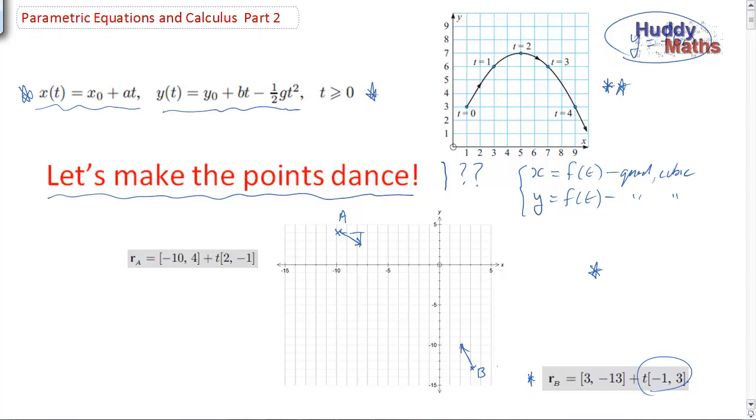So what we said about these two was that if you consider t in these parametric equations to be time, and therefore this was a velocity vector here, we found that the rate of change x prime of t was 2, and y prime of t was -1.